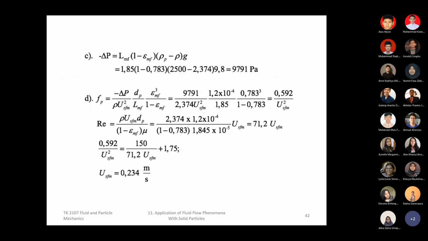So we can take advantage of those data. That's the meter, that's the delta rho, that's the G. So simply by putting those numbers, we get that the delta P is almost 10,000 Pascal, so almost 0.1 bar.